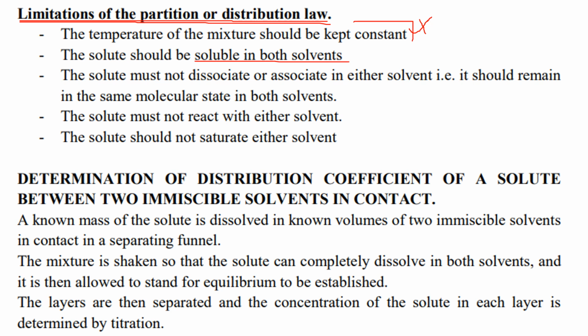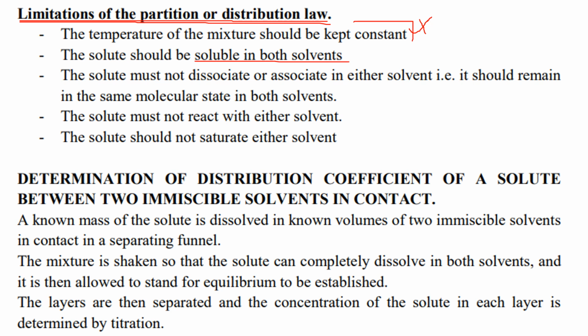And we mix this mixture vigorously so that our solute can dissolve or be soluble in both of the solvents. So the solute must completely dissolve in both of the solvents. Like a solid being dissolved should not isolate itself from the solution.